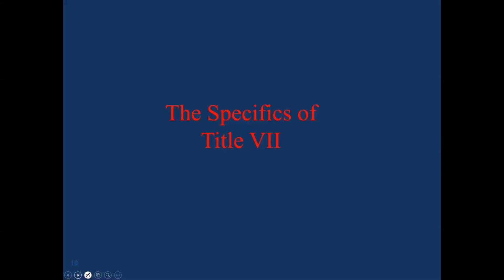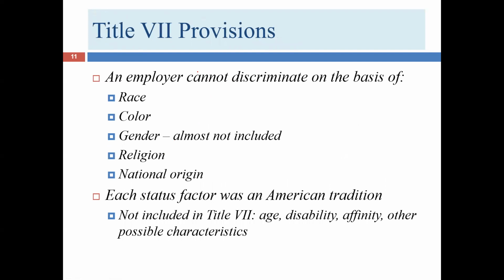Okay, so let's dive in more specifically to what Title VII is about. Again, here are the characteristics that we have here. I want to flag this one because this is kind of an interesting story.